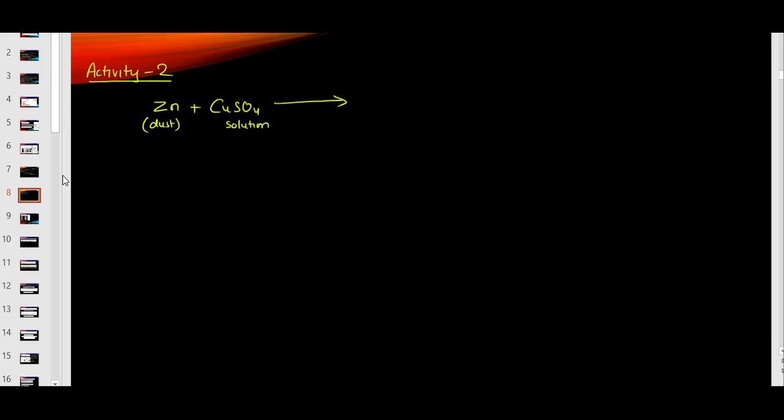What happens when zinc reacts with copper sulfate? Let me write here copper sulfate. Zn is zinc. It is in dust form, powder के form में है, and copper sulfate is an aqueous solution.